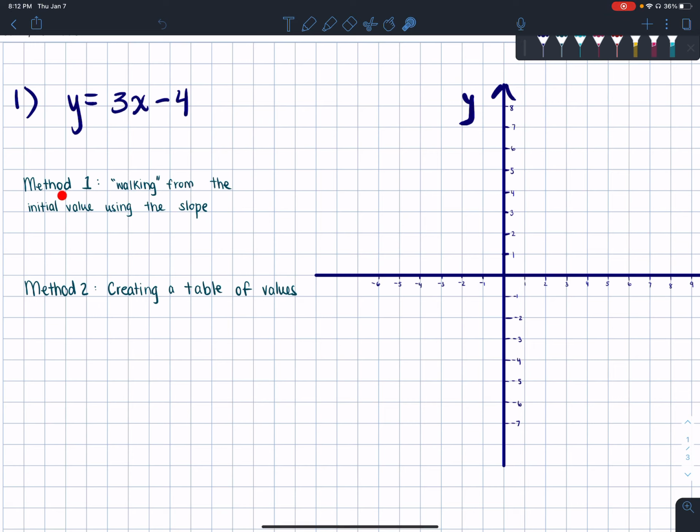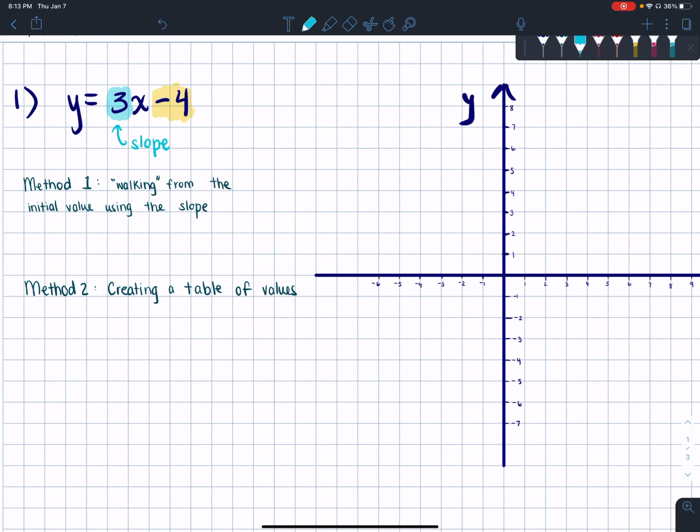So using method 1, the first thing that we need to do is identify which of these numbers is our slope and our initial value. So we have this 3 and we have this negative 4. The 3 is the slope.